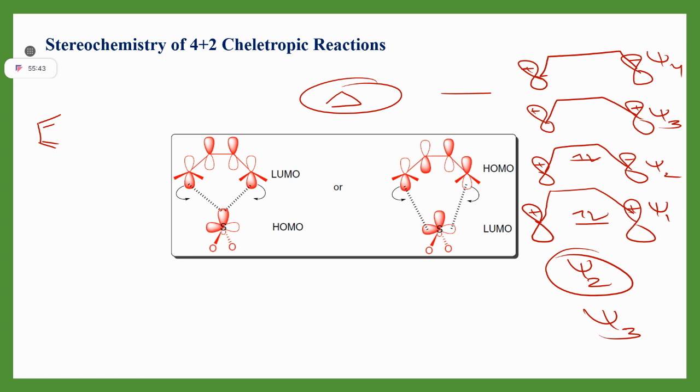So in the first case they are taking the HOMO of your SO2 molecule, right? So LUMO will be psi 3 in heating condition. So the end orbital sign is going to be the same, having constructive overlap between these orbitals, or we can say that to have this interaction in a suprafacial manner, you have to align like this.